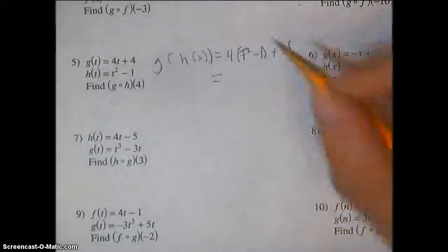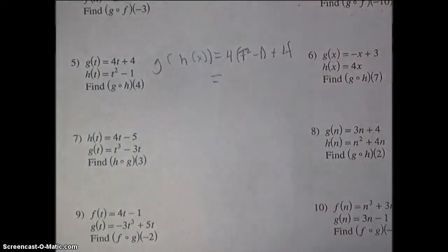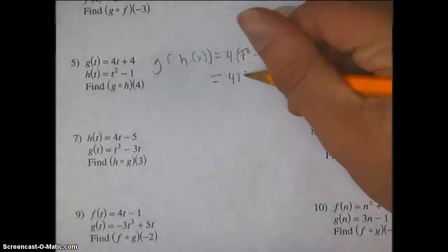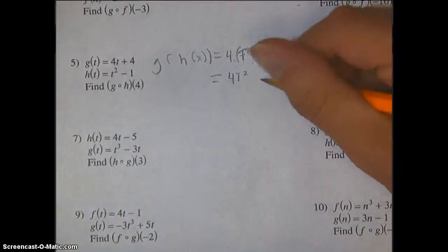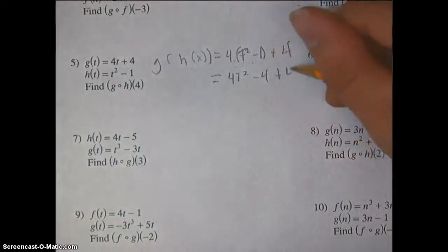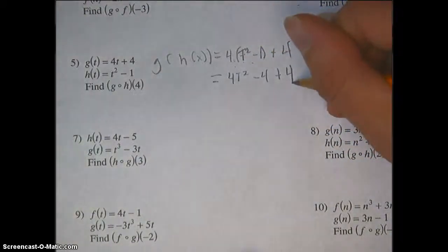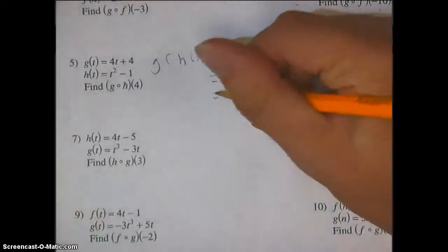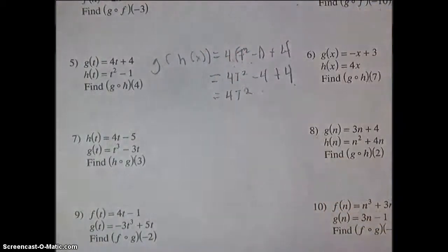All right? Now I'm going to simplify that. 4 times t squared is 4t squared. 4 times negative 1 is negative 4. And then I've got a plus 4. What's nice about this is the negative 4 and the positive 4 cancel out, and I'm left with just 4t squared.